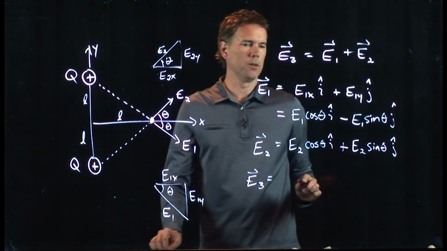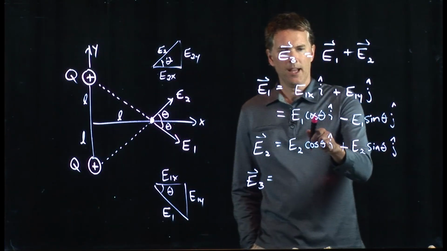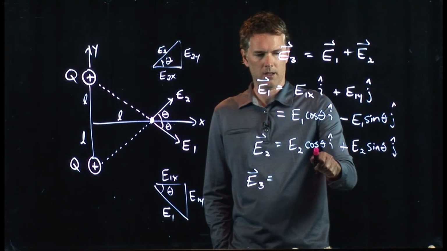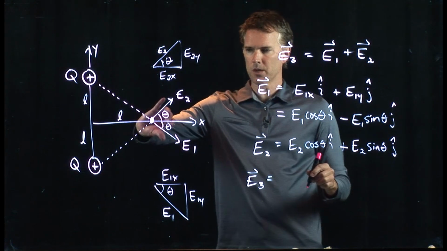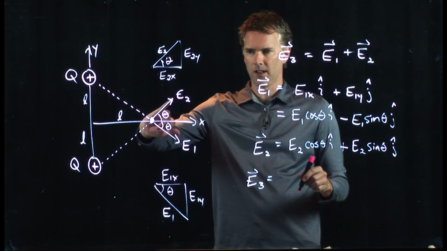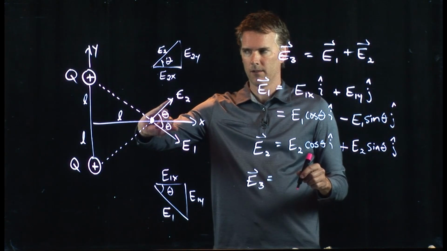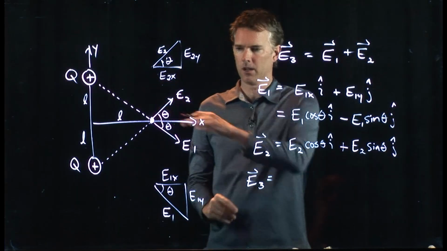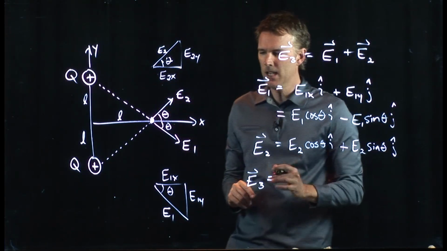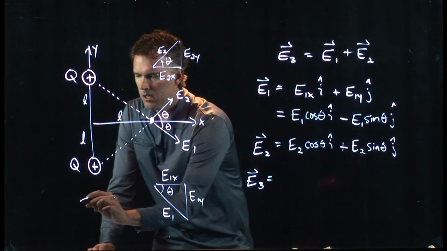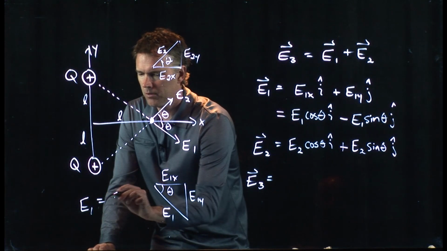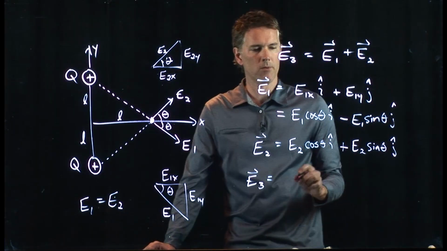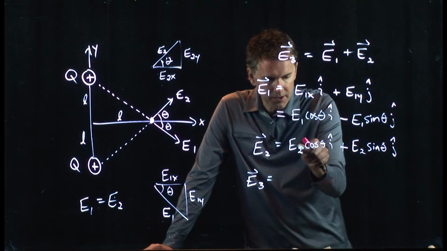E3 is going to be what? Well, let's just look at this. I have E1 cosine theta, E2 cosine theta, but by symmetry, those have to have the exact same strength, right? Same charge, same distance, everything is symmetric, so E1 has to be equal to E2. E1 equals E2. And so we can rewrite this with ones here.